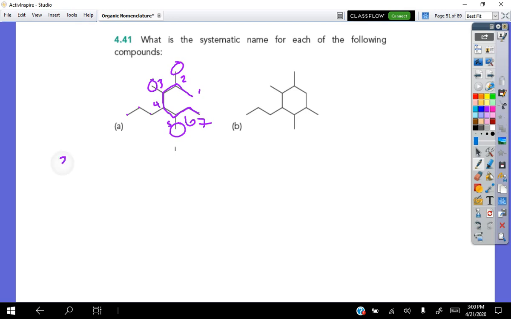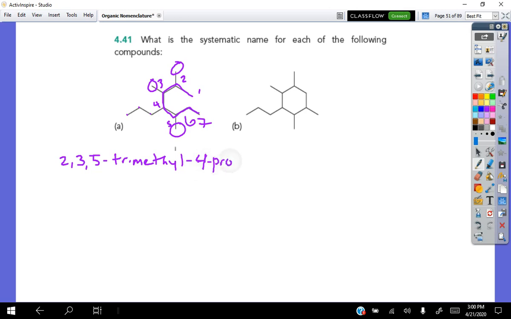So I have 2, 3, 5, and then I need to use a prefix to combine all of my methyl groups. Since there are 3 methyl groups, it becomes trimethyl. Then I put my number for my propyl group.